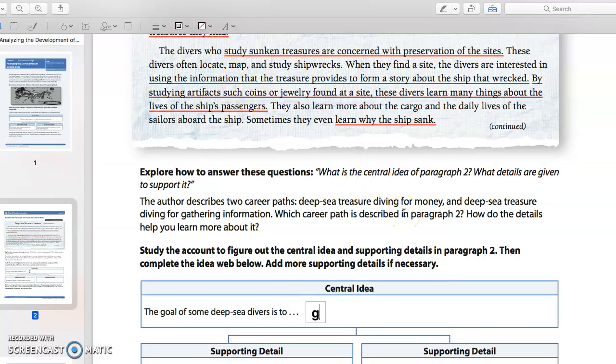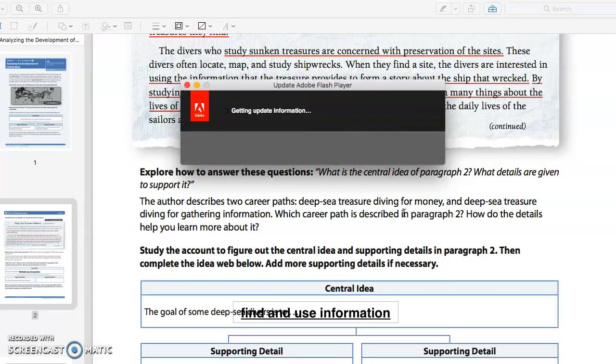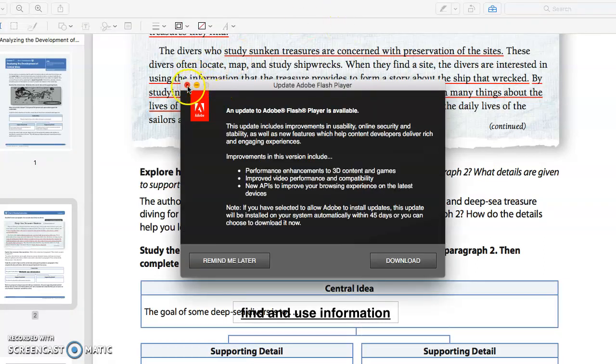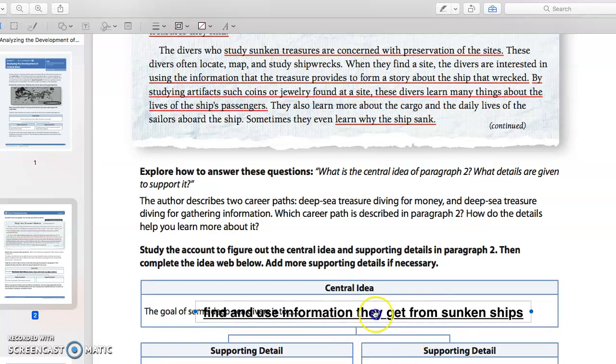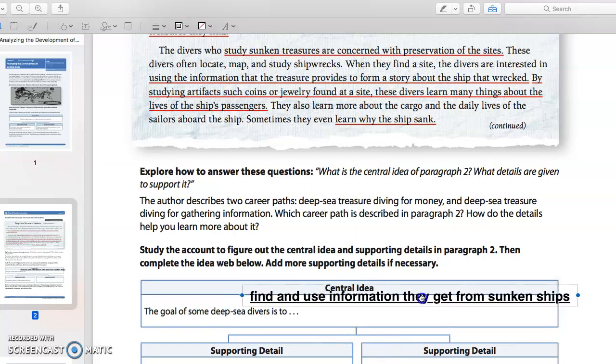So they want to find and use information they get from sunken ships. Okay, that's basically the goal of some deep sea divers.